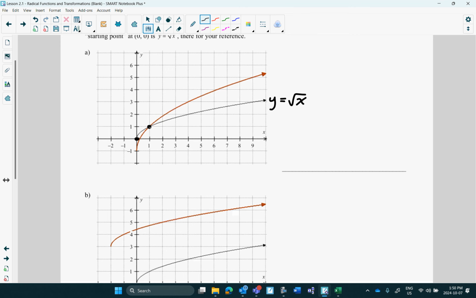But look at these ones here. Here's the first one, here's the second one. I still move 1 across, but I move 2 up. What does that mean? It's stretched by 2 vertically, by a factor of 2. What letter is that? A. Root x starts here, but this one's starting here.